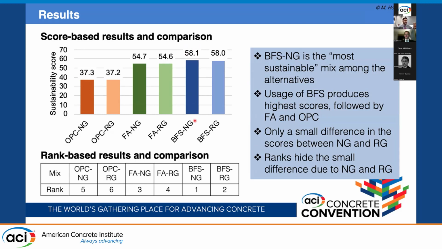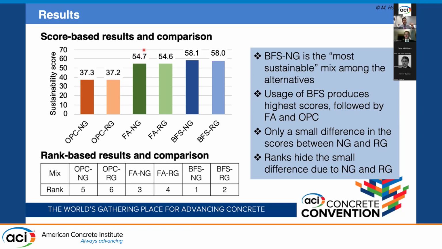However, the difference between this mix and this mix is 0.1, so it's actually quite small. We can see that the usage of blast furnace slag produces the highest scores, followed by fly ash and then OPC. We can also see that for each of the mineral admixtures, or just for plain OPC, the usage of recycled aggregate has a negligible contribution to the sustainability score.